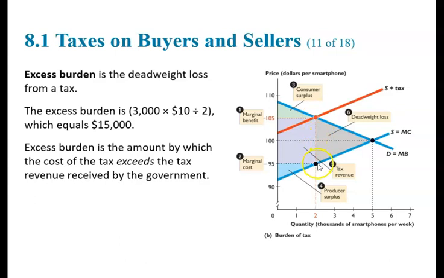So the base is equal to 10, the height is equal to 5 minus 2, which is 3,000, and you can divide the 3,000 multiplied by 10 by 2, and when you do that, you get the total excess burden or the deadweight loss equal to $15,000. So remember, total cost of the tax minus the tax revenue generated by the government gives us the deadweight loss.